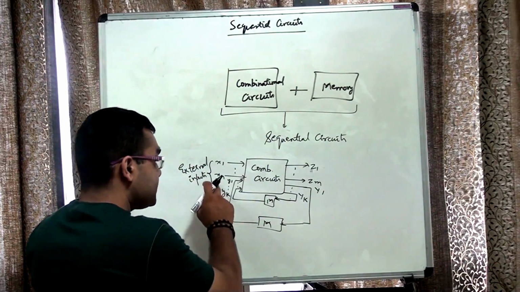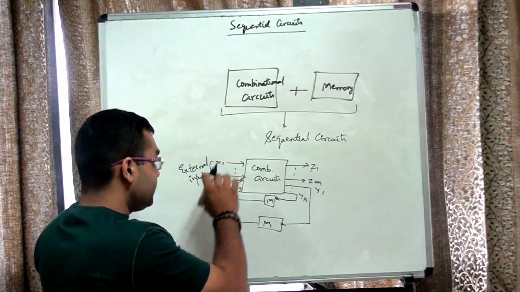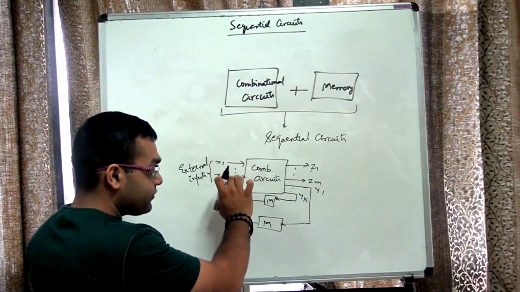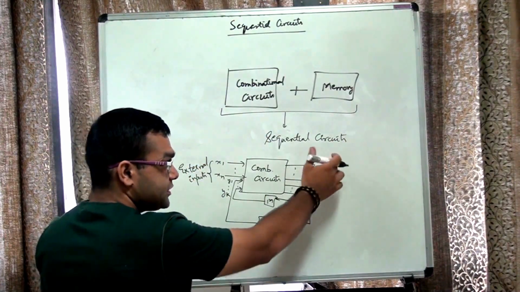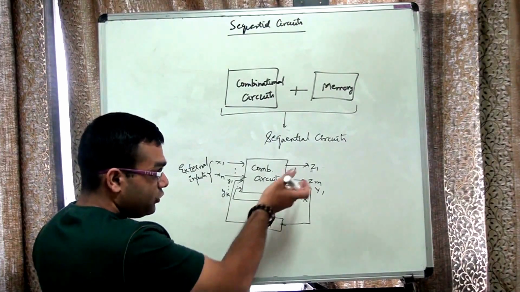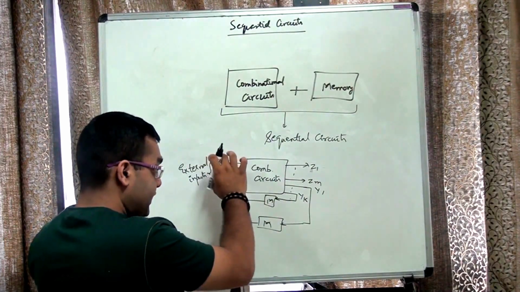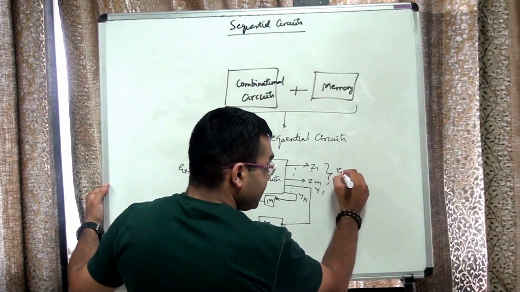These y1 to yk we will come to a little later. First of all, x1 to xn and these y1 to yk are all collective inputs. This z1 to zm and Y1 to Yk are all also outputs. But x1 to xn are external inputs, and z1 to zm are external outputs.